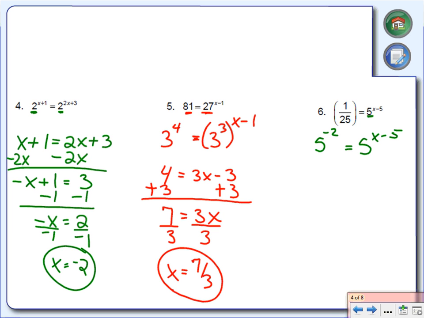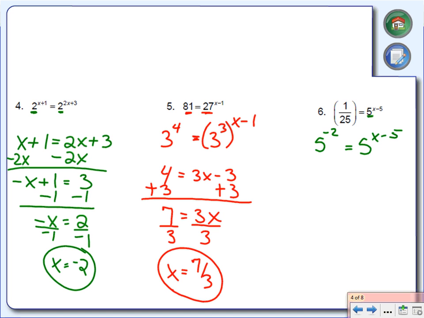Why negative 2? Well, first of all, 5 squared. Wouldn't 5 squared give you the 25 part? Yeah. Yesterday, didn't we say that negative sign means what? Reciprocal. And that's what's giving us the reciprocal, that 1 over 25. So this is why we're using a negative 2. 2 because of the 25, the negative sign because of the reciprocal.